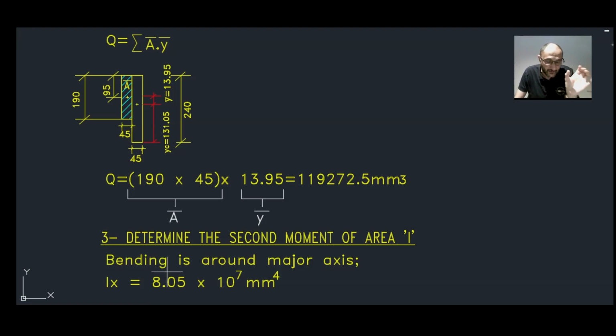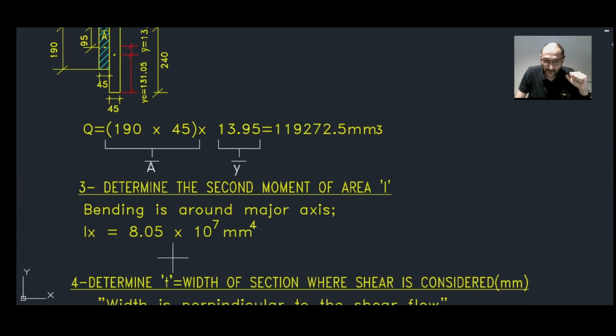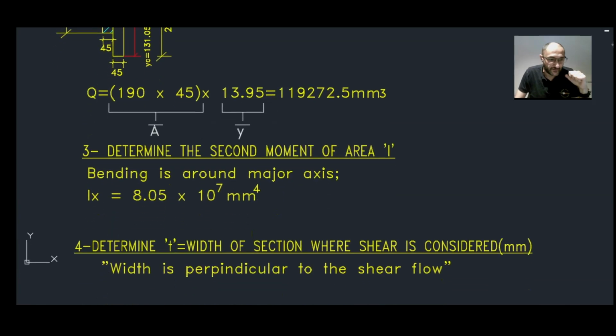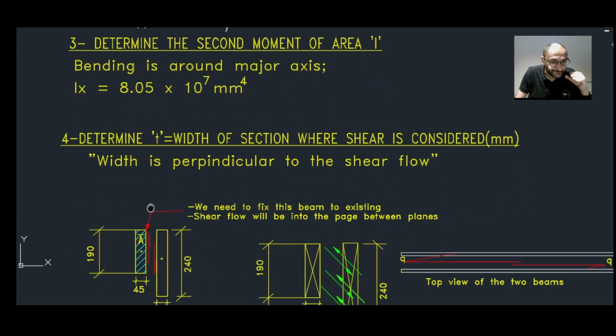In areas where the beam is cracked, we use I cracked, and in uncracked areas, we use I uncracked. I think I got excited too quickly for this, so I might leave it for a different example because it is a little bit different than working out the shear flow and shear stress for timber beams.